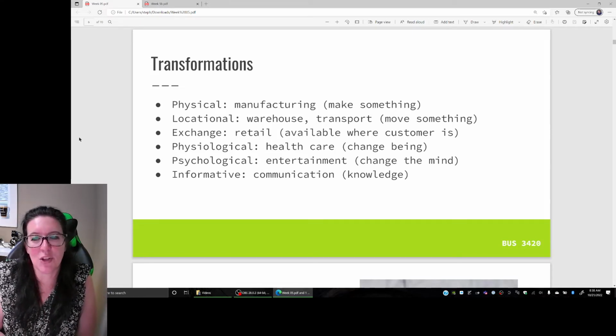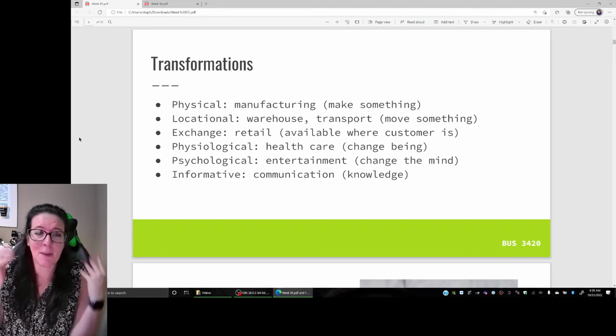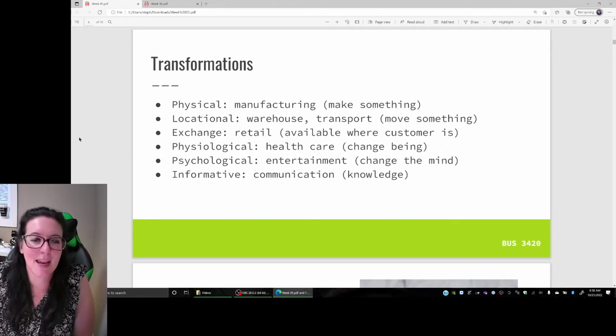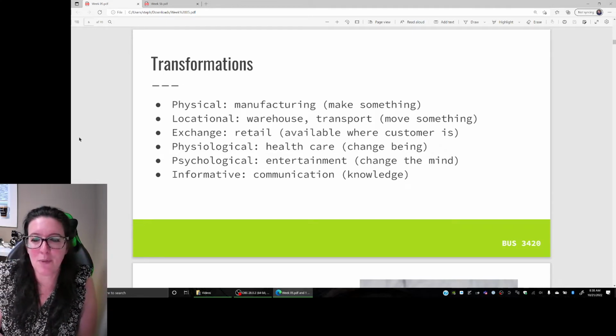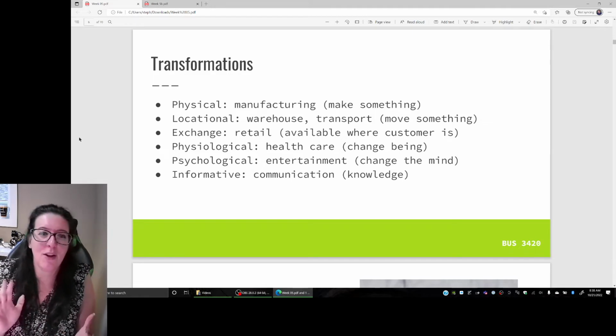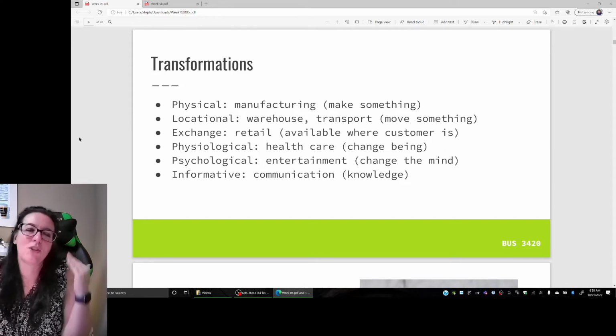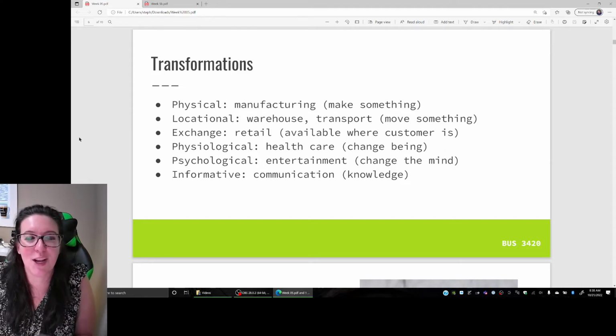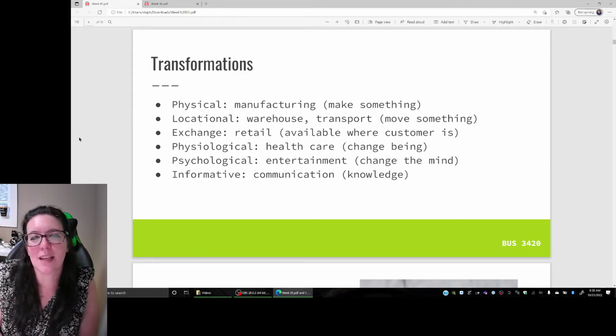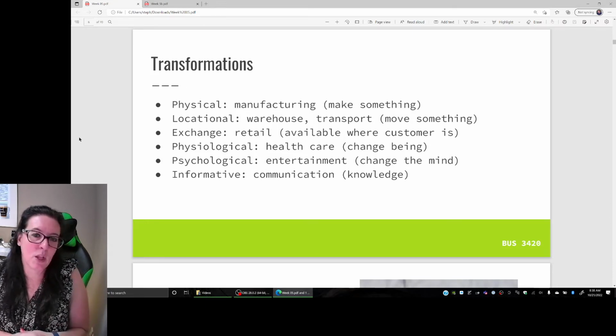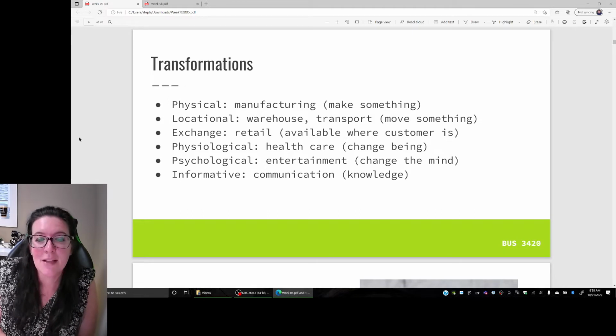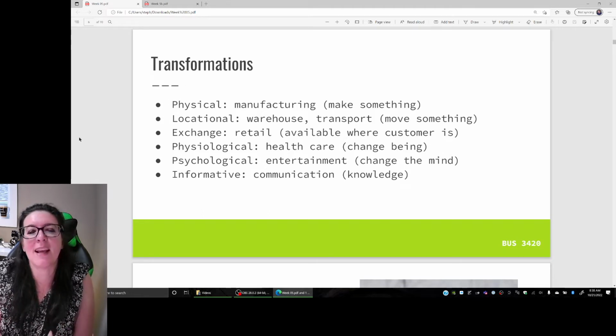That's physiological. If you're changing the mind, then it is psychological. For example, in entertainment, you're showing a movie, you make people laugh, you make people cry, changing how they feel. That is a psychological transformation. The last type of transformation we're going to look at here is informative. You add value by providing knowledge.